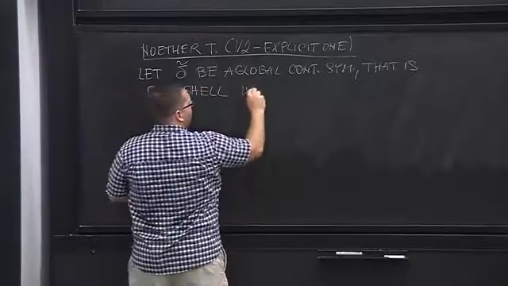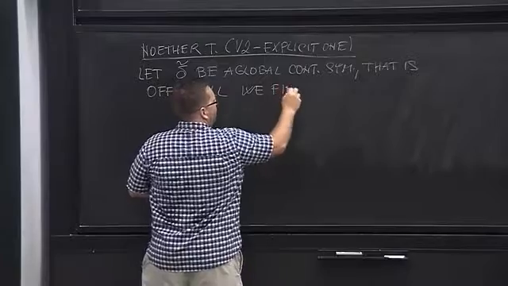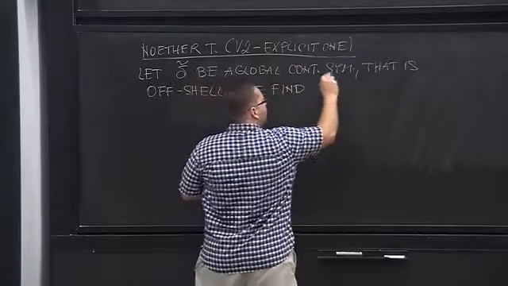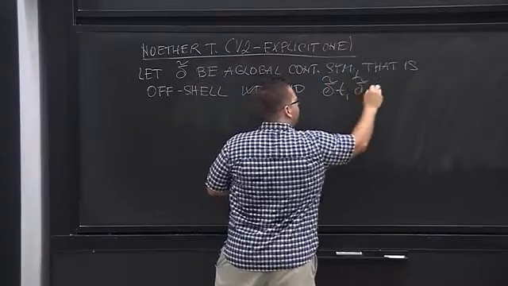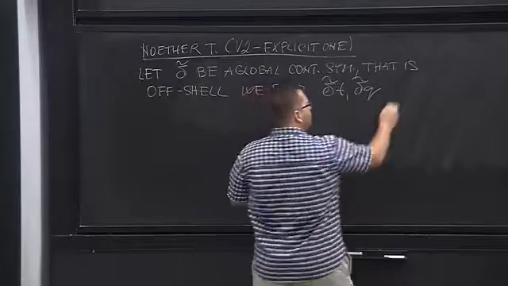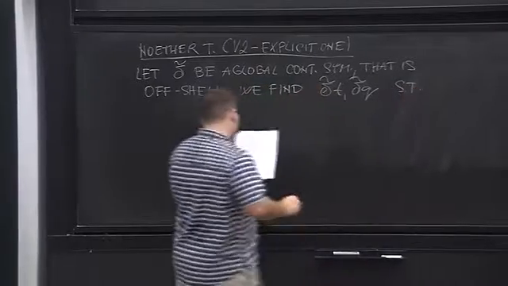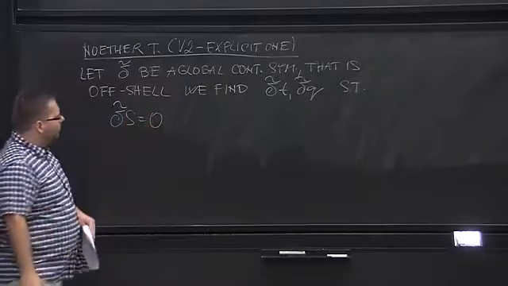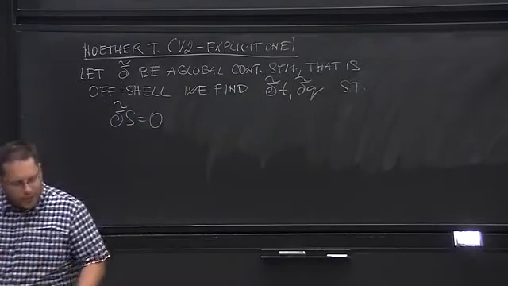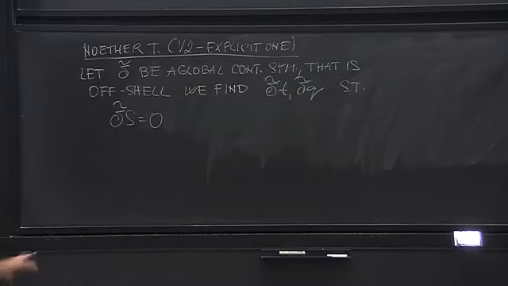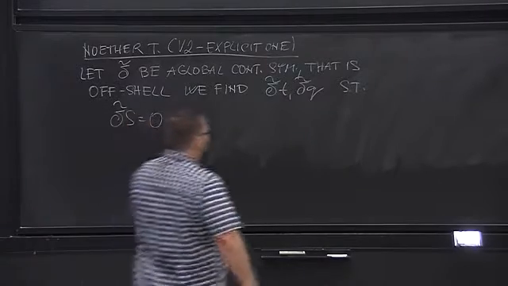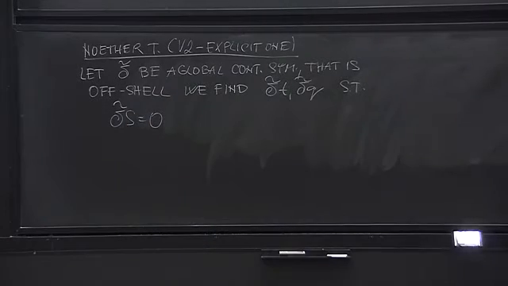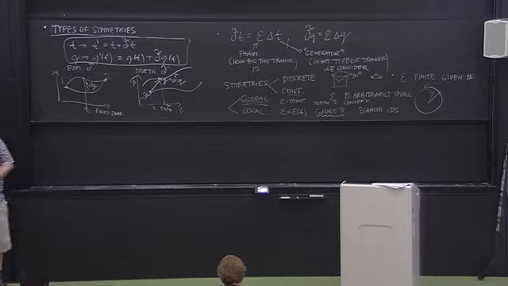We find delta tilde t and delta tilde q such that delta tilde S equals 0. So you find such variations of your time and of your generalized coordinates, let's say of this form here, so that the Lagrangian, well, so that the action doesn't change.